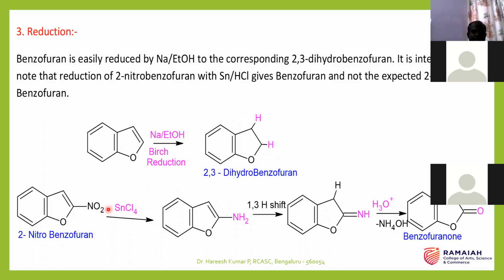So this will act as a source of electrons. It will give electrons to the nitro group, so nitro gets converted into NH2. All these things come under the dissolved metal reductions.